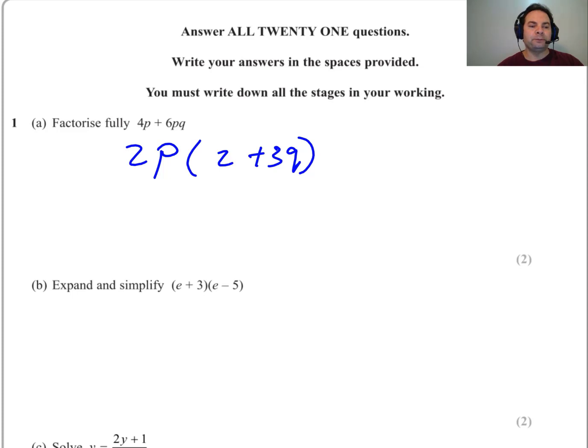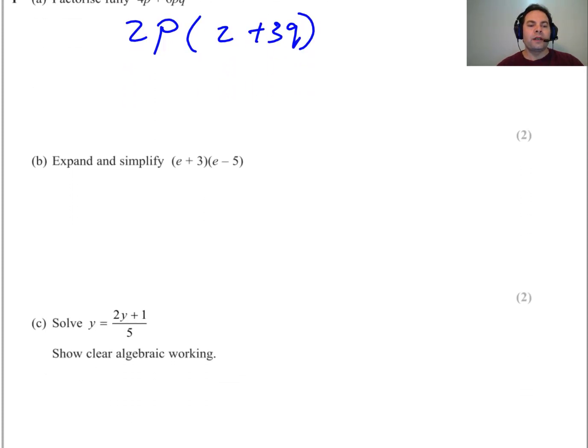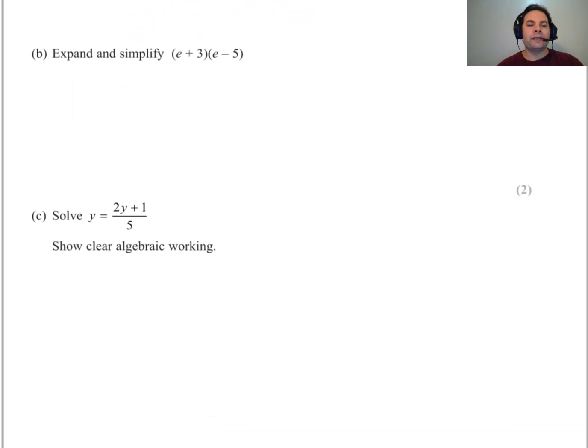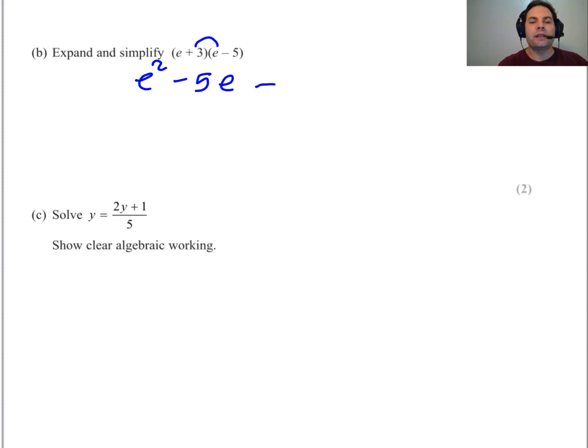Part B. In part B, expand and simplify. We can multiply the first term by the first term, which is e squared. The first term, e times minus 5, is minus 5e. Second one, 3 times e is 3e.